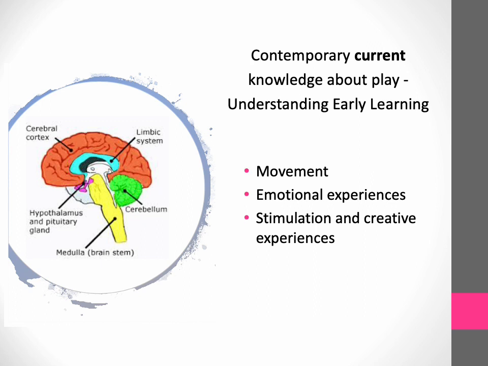Although each region is intimately connected, each region maintains a capacity to influence the others. The brain has 3 major regions or parts. Starting at the base, you can see the brain stem is connected to the spinal cord at the bottom, and that's the cerebellum. The limbic system is in the middle, and the cerebral cortex at the top.